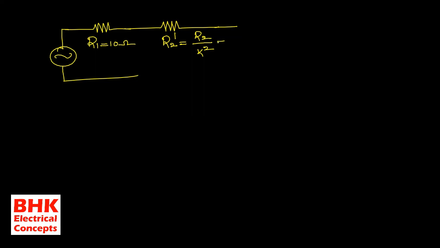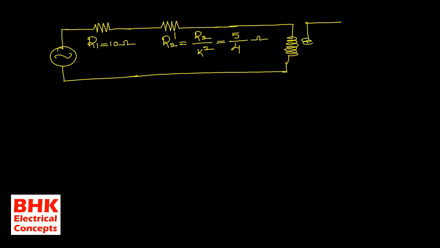With the value of 5 and K equal to 2, 2 square means 4. So this is the new value of resistance after referring from secondary to primary. Once referred from secondary to primary, we no need to consider the value of R2 again in the secondary side.